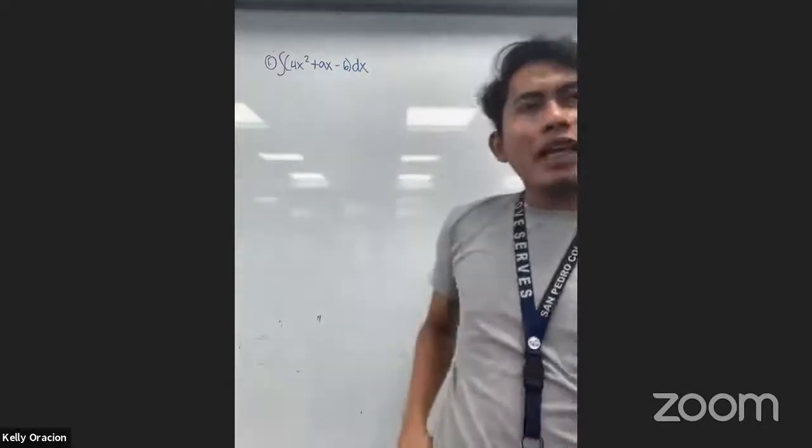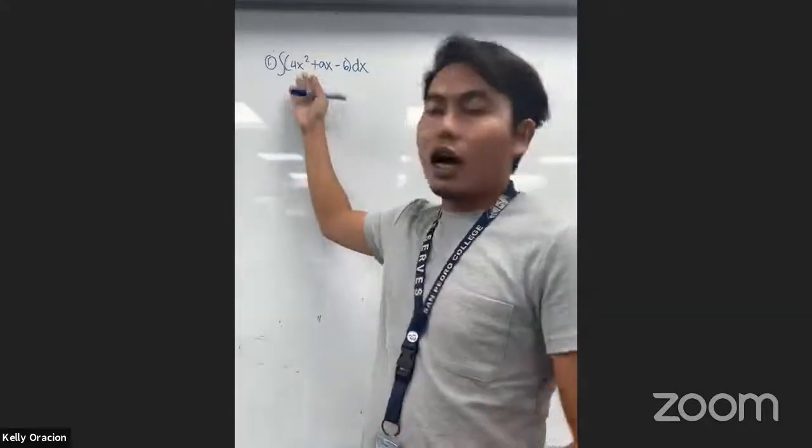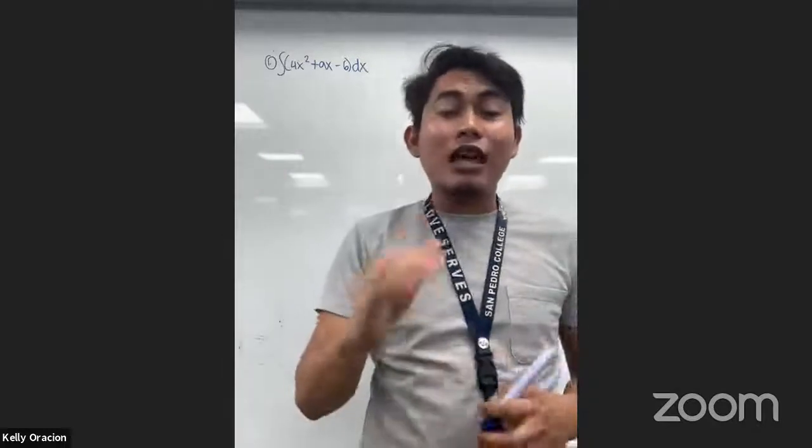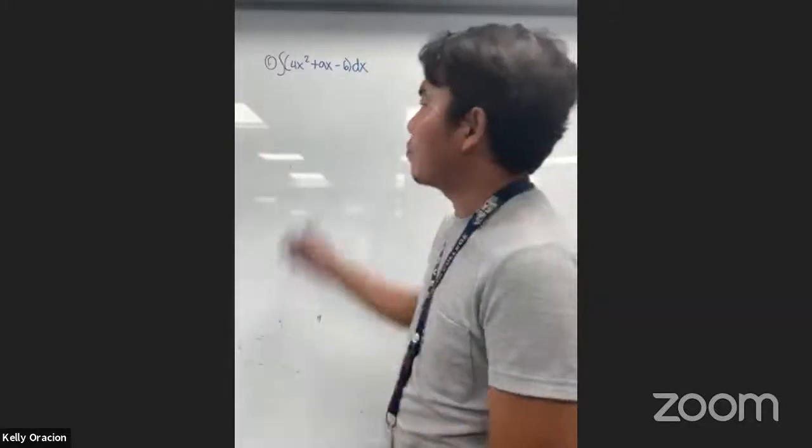Now, I mentioned in the video that you are going to solve it term by term, separate each term. Then if there is a constant, you separate the constant. Take the constant out first before the integral sign. Right? That's what I said last time in the video.